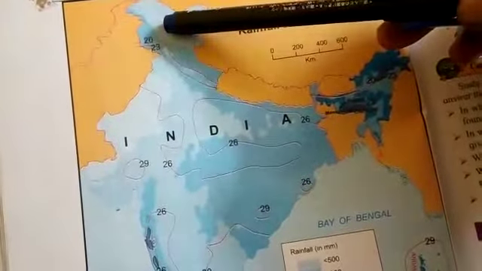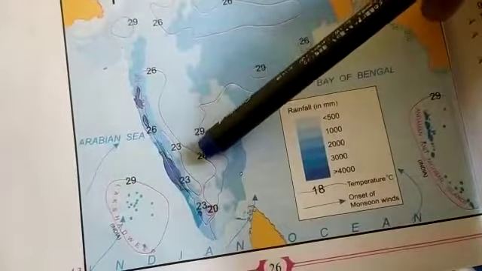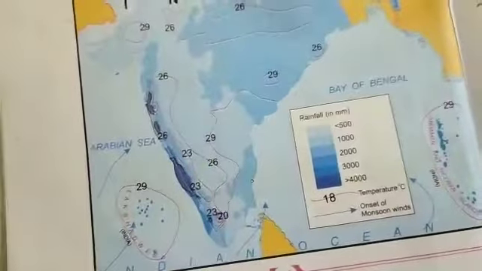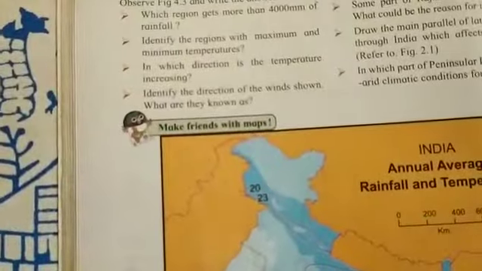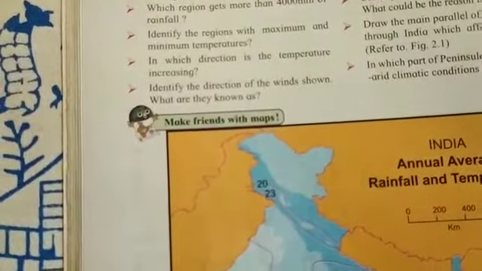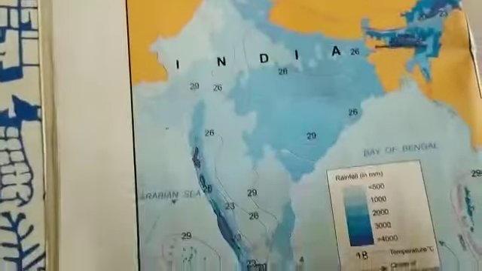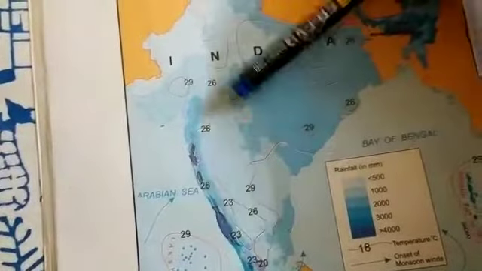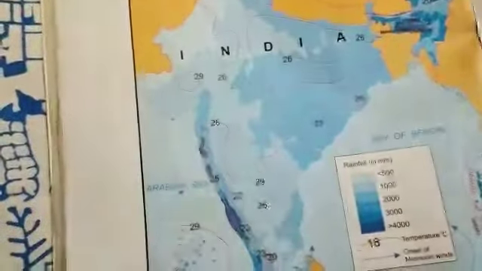So the answer for minimum temperature is north, northeast and hilly regions in the south of our country. Now the next question: in which direction is the temperature increasing? The temperature is increasing towards the south and towards the northwest.